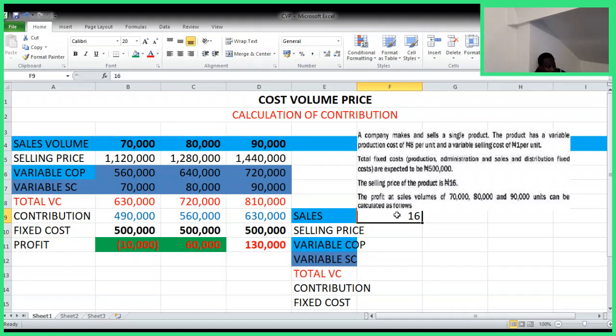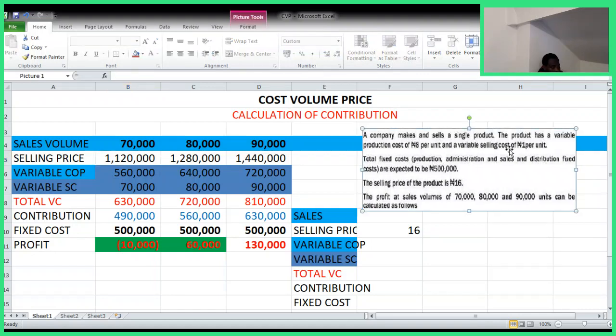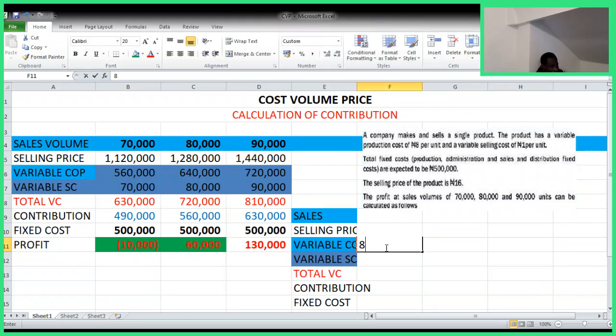And our selling price per unit is what? Our selling price is 16 because we are not going for volume again, and our variable cost of production has been given to be 8, and the other variable cost has been given to be 1, right?